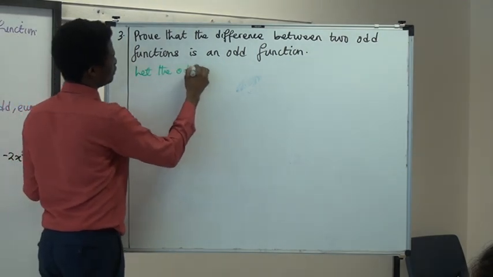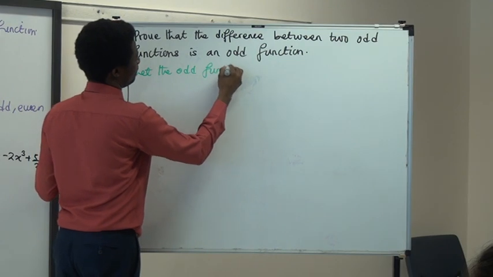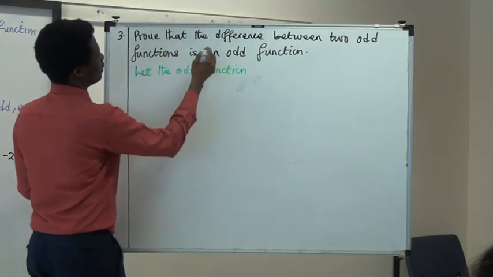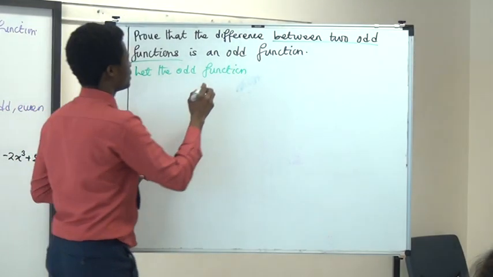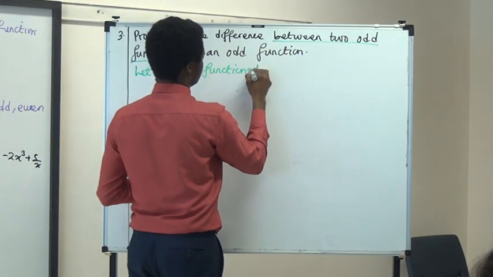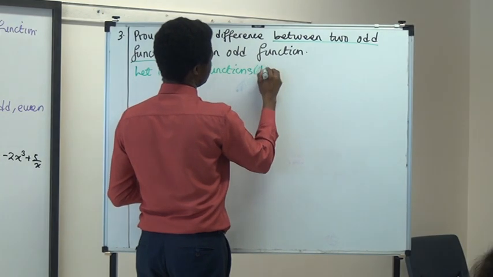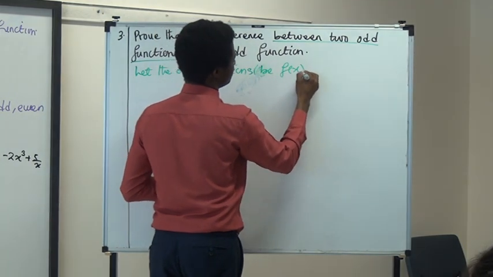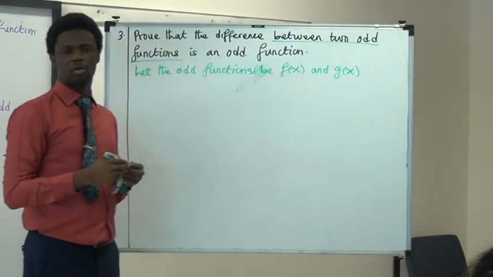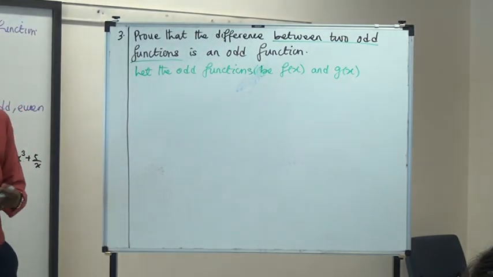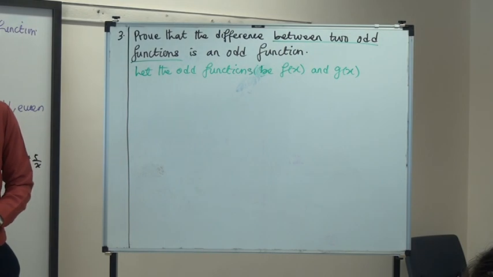Let the odd functions be f of x and g of x, for x in the domain of f and the domain of g. Alright?